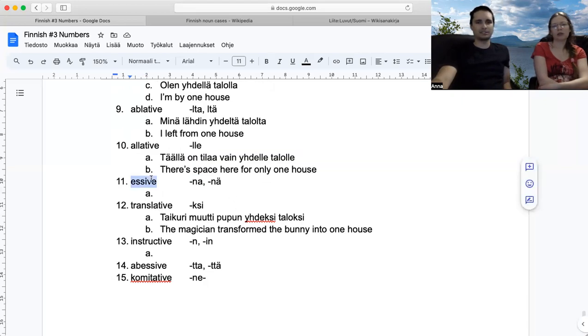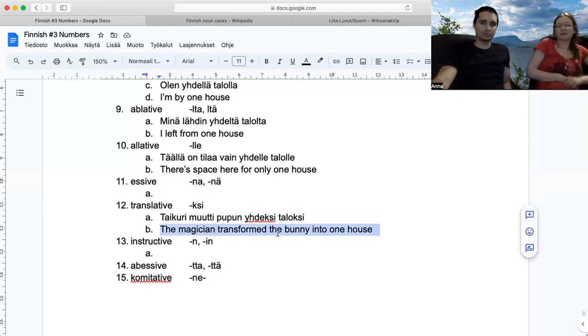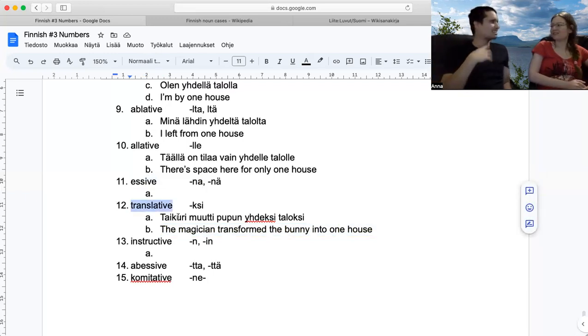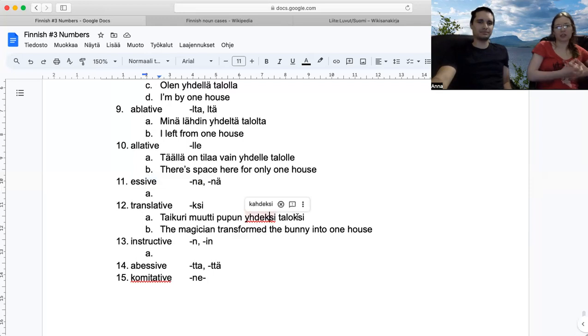But SF is mostly as something. Translative. So, taikuri muutti pupun yhdeksi taloksi. The magician transformed the bunny into one house. So translative is transform into something, but also some other cases. It's just like transform something into something.